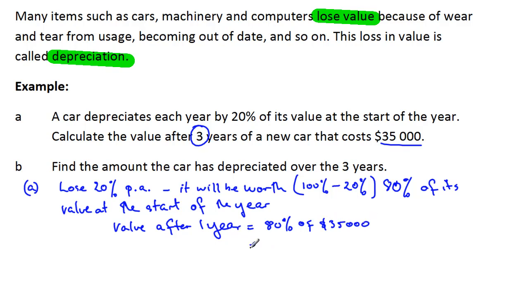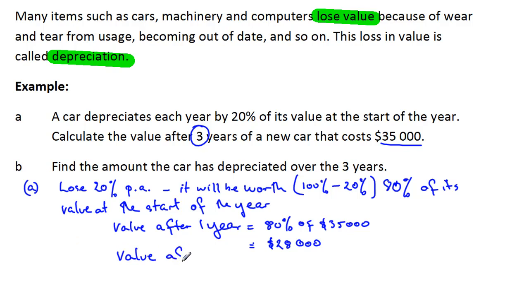If you get your calculators out and make that into a decimal, 0.8 times 35,000, the new value is going to be $28,000.